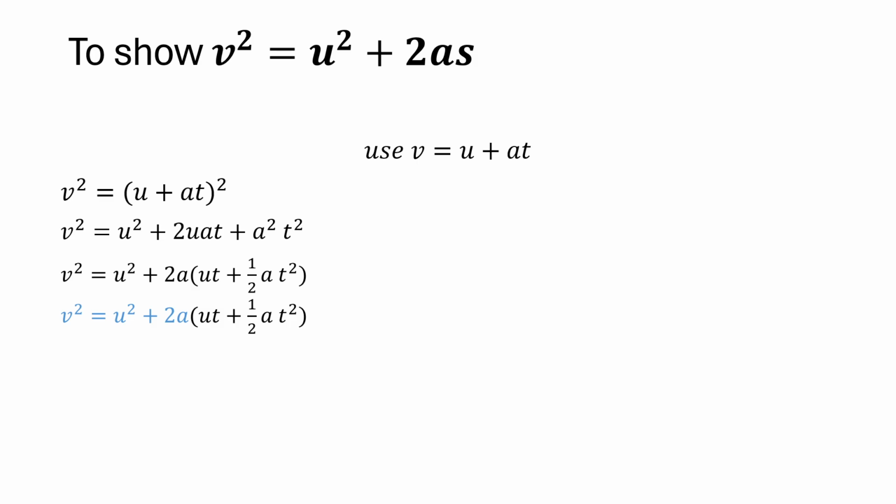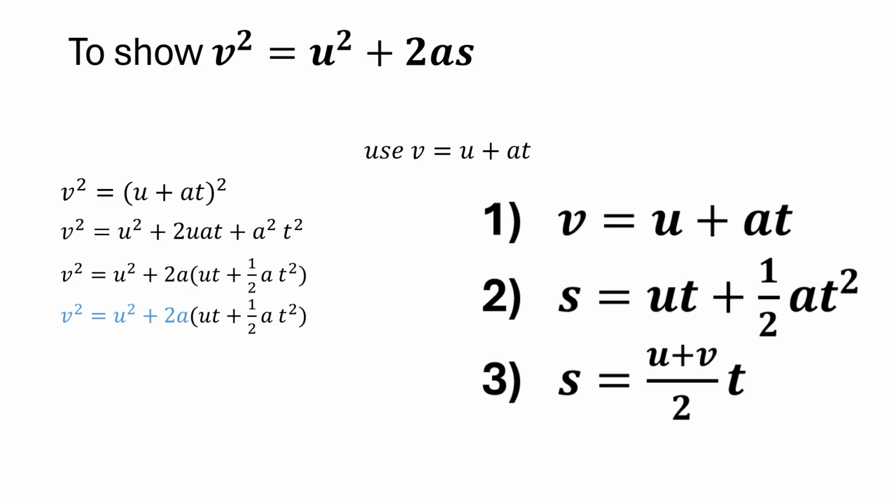If the fourth equation is to be true, that final term has to be s. So let's have a look at our motion equations. There we go, the second equation, s equals ut plus half at squared. So we can substitute that in to get s in, and that's going to look like this. And then we get our final equation, v squared equals u squared plus 2as.